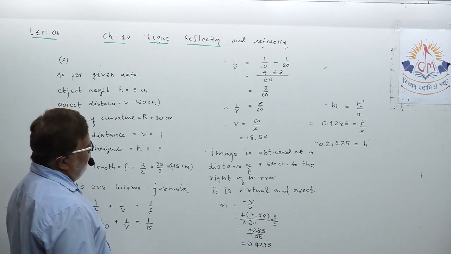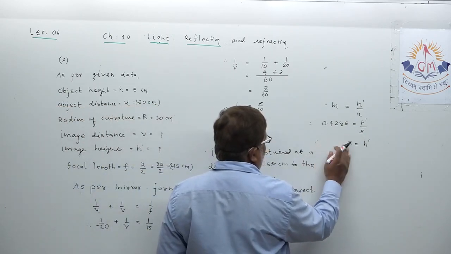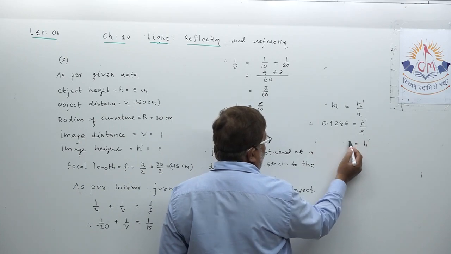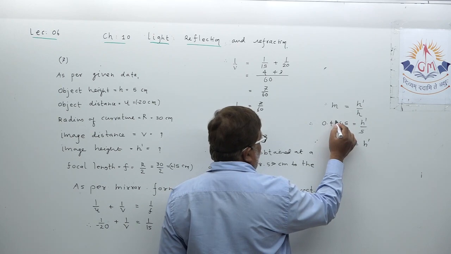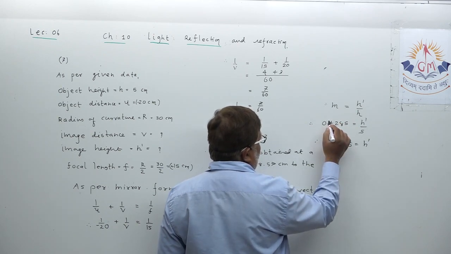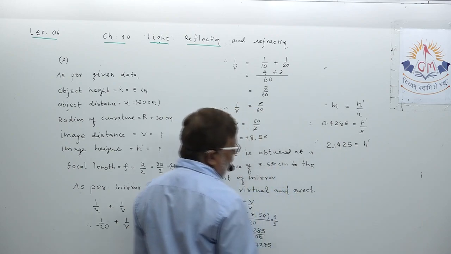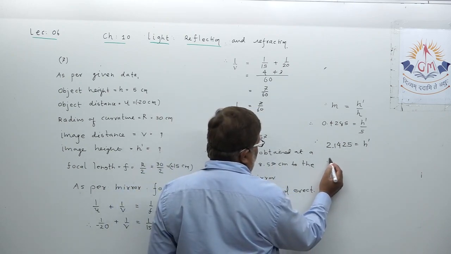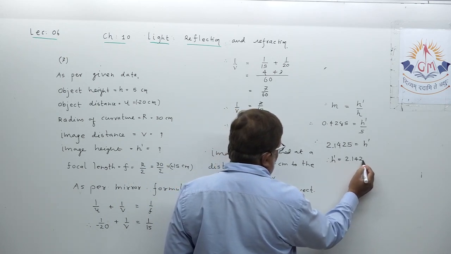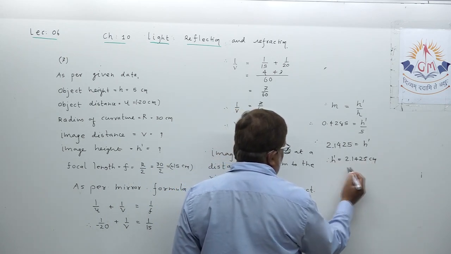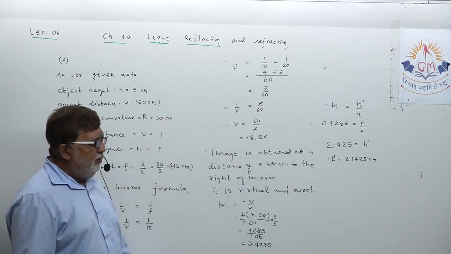Now remember, dear student, one very important thing. Sorry, 5 5s are 25, 2 4s are 8 plus 2 is 10, 4 14, 1 21. Sorry, 2.1425. So we got, dear student, h dash equal to 2.1425 centimeter. Okay, so what is going to happen?